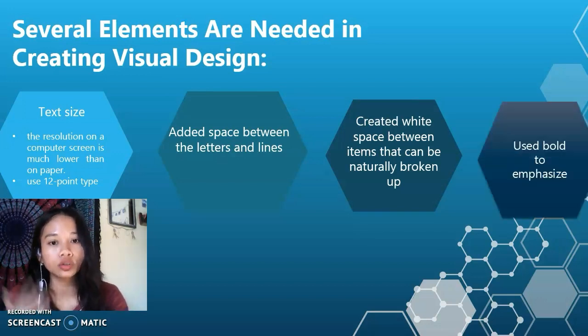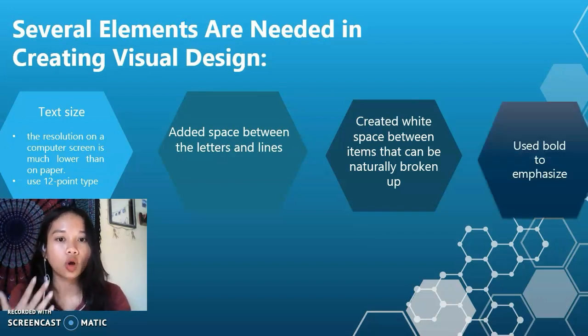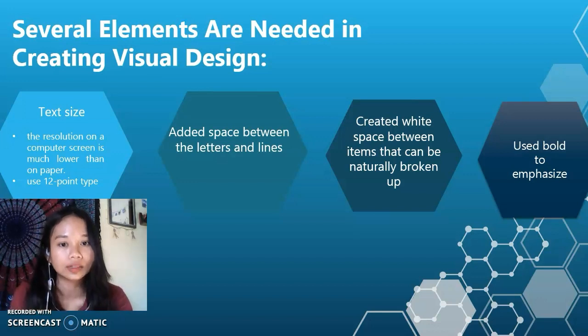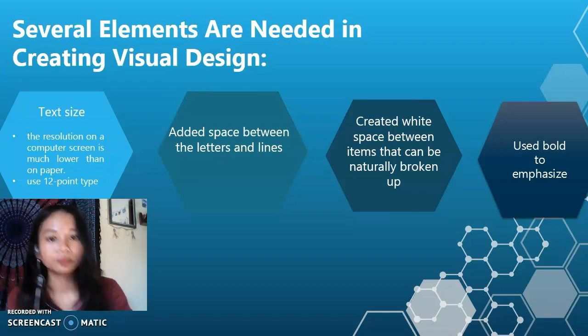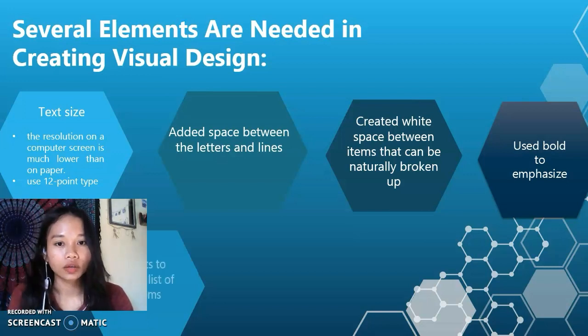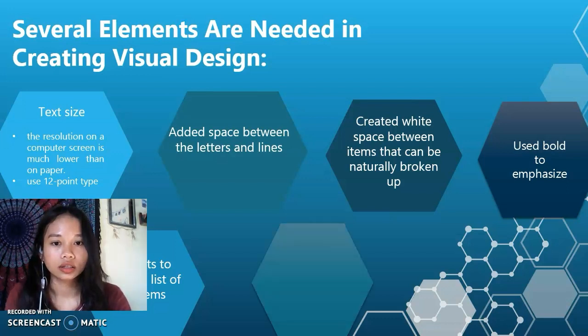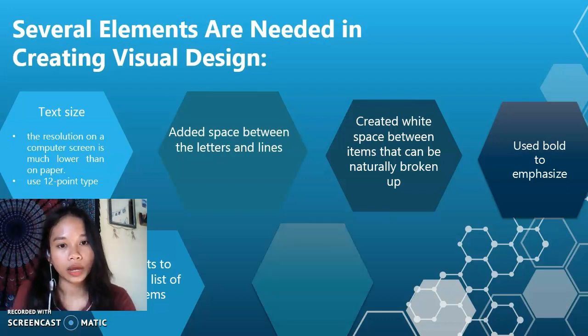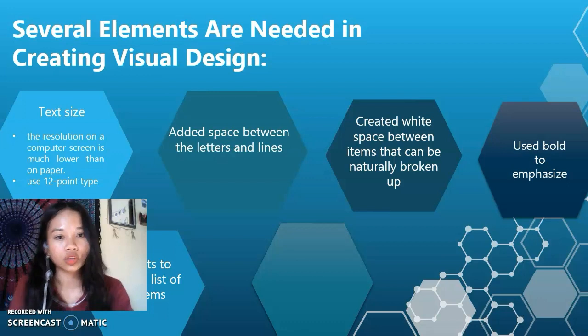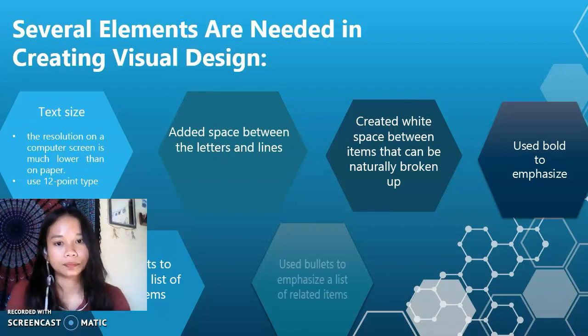Next, we can use bullets to emphasize a list of related items. Next, we can use bold type to emphasize important material. Next, headings and subheadings, to emphasize, distinguish, and organize the main topics of the content.